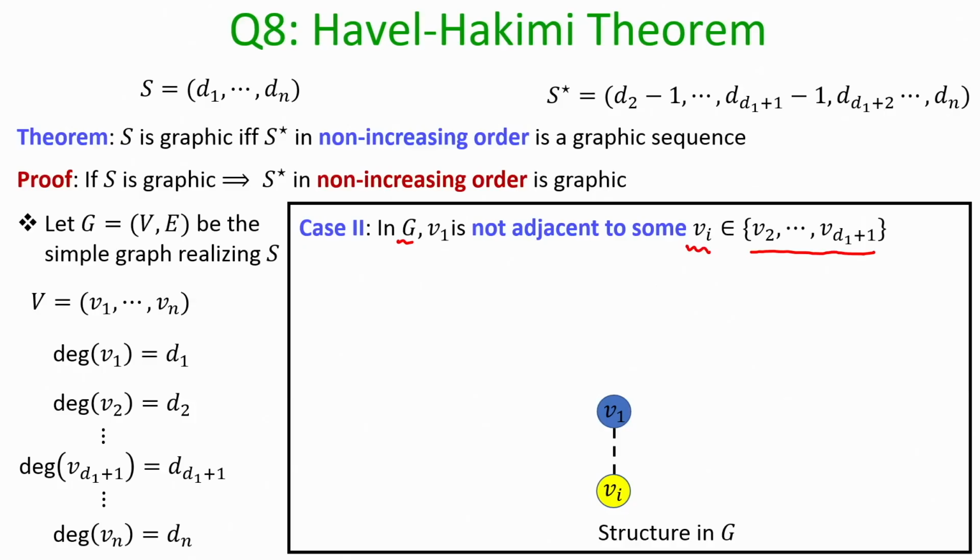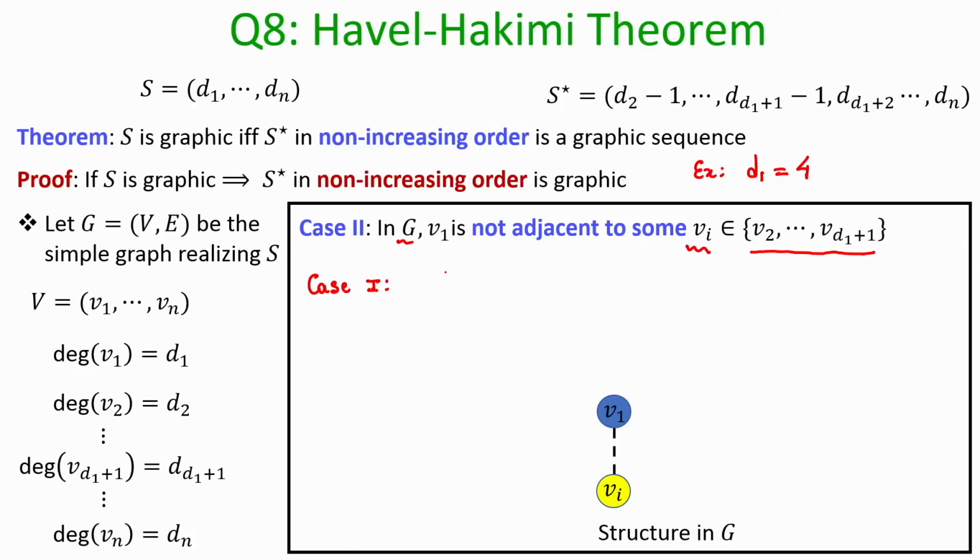So, what do I mean by that? For instance, imagine that your D 1 is equal to say 4. In case 1, what was happening is the following. You need V 1 to have 4 edges incident with V 1, that is why its degree was 4.